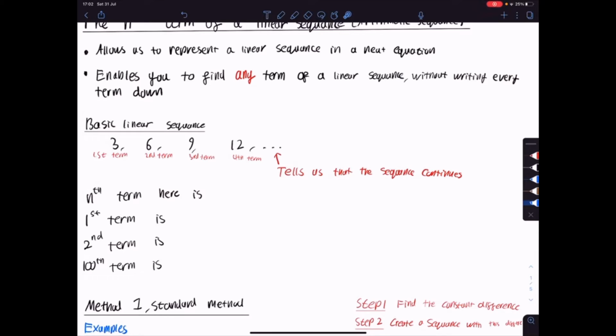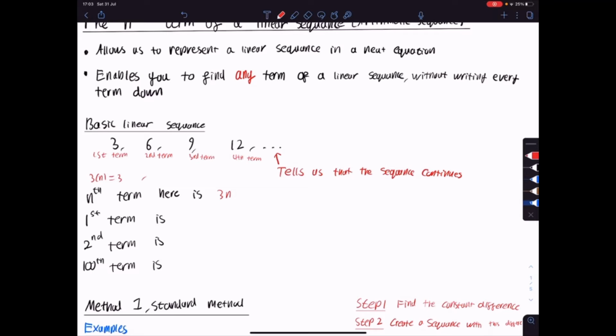Okay, so the first thing I'm going to cover is that the nth term here is just 3n. And how I can tell that the nth term here is 3n is that we can use this nth term 3n to get back to our original sequence. So, to find our first term, we would just substitute in n equals 1, and we get 3.